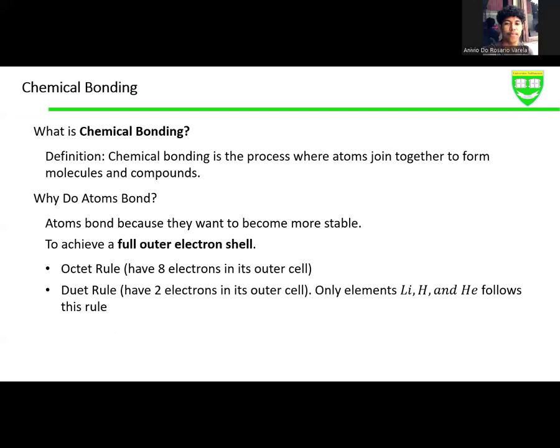Chemical bonding is the process where atoms join together to form molecules and compounds. Okay, so basically, chemical bonding is a process where different atoms join together to form molecules or compounds or matter.